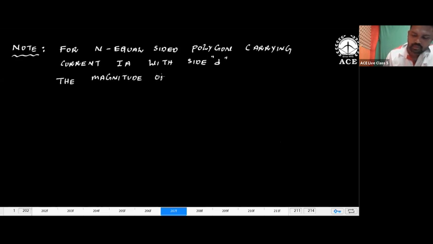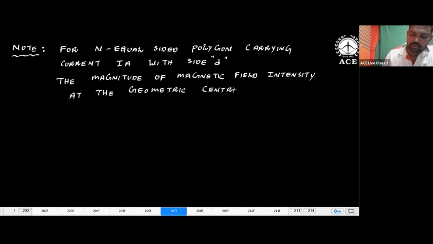magnetic field intensity at the geometric center is H is equal to nI by pi D tan 180 by n sin 180 by n.